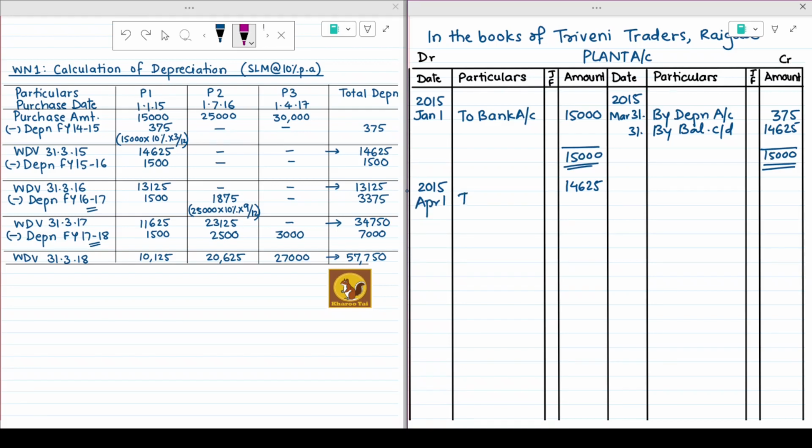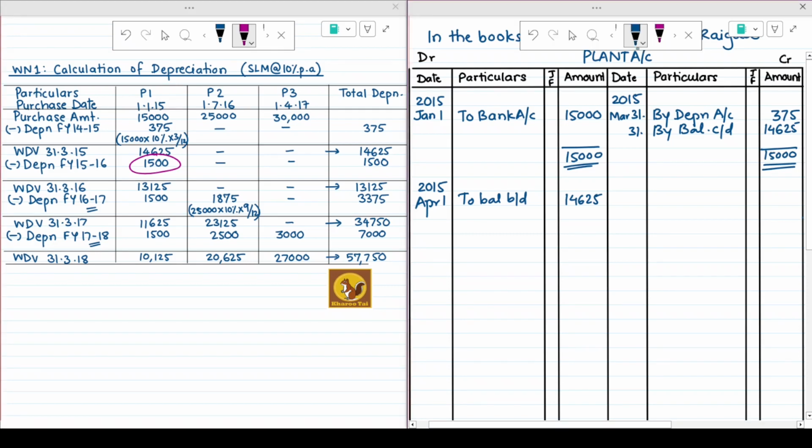To balance brought down. In financial year 2015-16, there are no other entries, only one depreciation entry at the year end, that is 1,500. So we'll pass the depreciation entry 2016 March 31 by depreciation account 1,500. And as there are no other entries, we'll close the books. 14,625, 14,625.